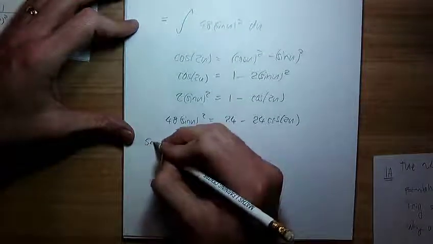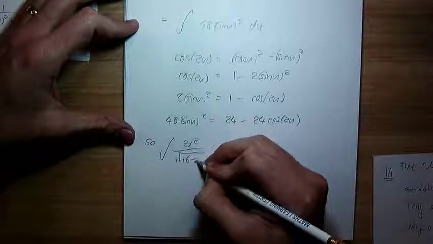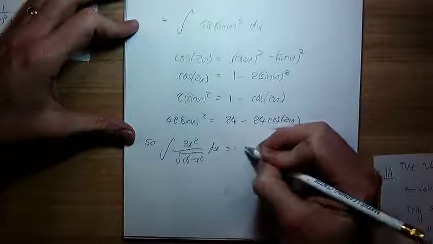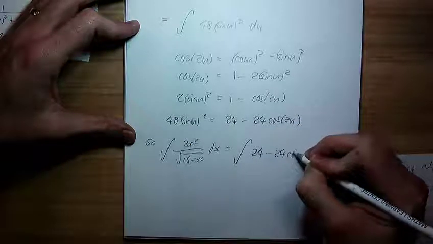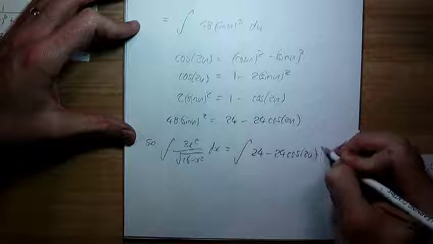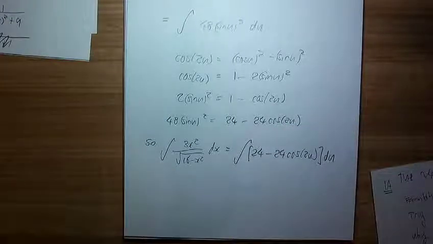Okay, so my integral is now this. Brilliant. Okay, that's part 2. So part 1 was turning my original integral into something involving trig. Part 2 was turning that trig integral into something I actually know how to do.